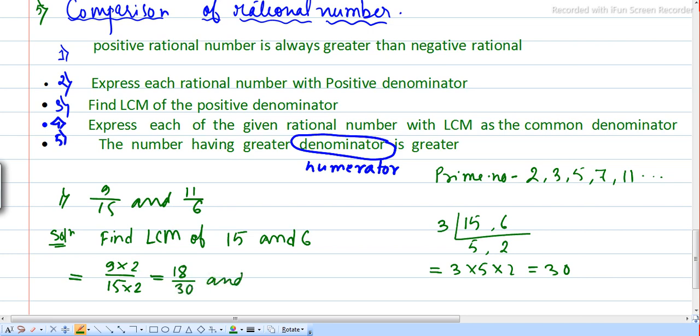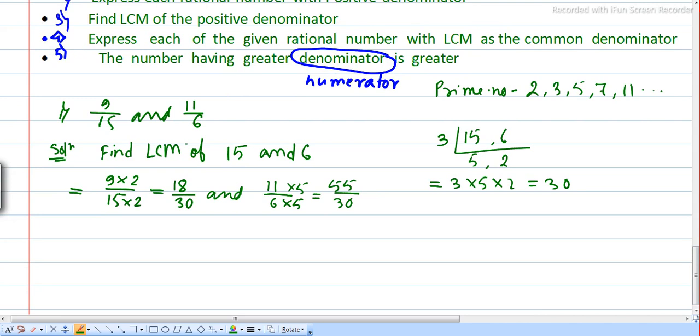And see 11 by 6. By what number do you have to multiply to make it 30? 6 fives are 30, so 11 times 5 is 55, so it is 55 by 30. Now see which one is bigger. We have seen that 55 by 30 is greater than 18 by 30, that is 9 by 15.